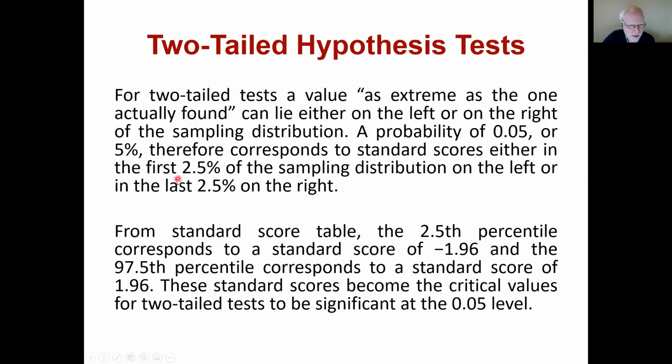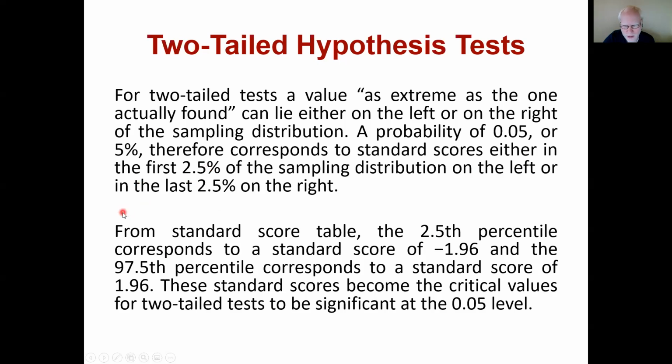So if we're to reject the null hypothesis based on a two-tailed test, it's got to be either in the smallest 2.5% of the sampling distribution or in the largest 2.5% of the sampling distribution.